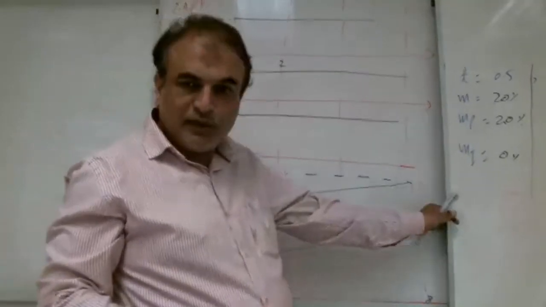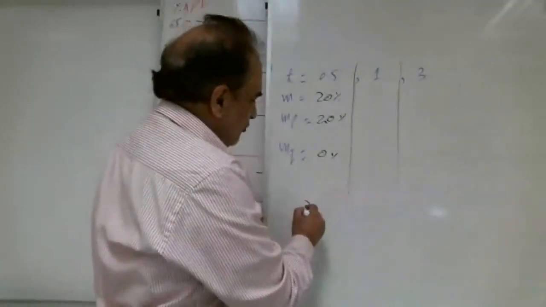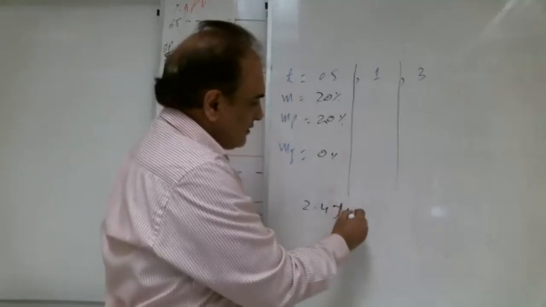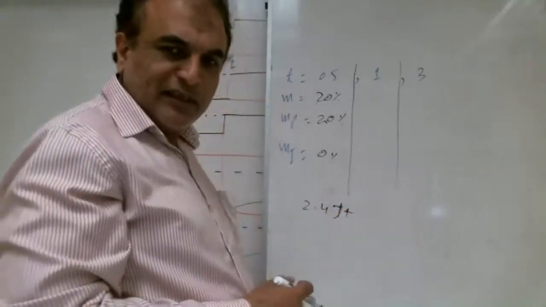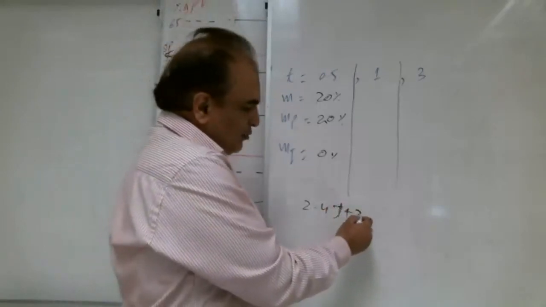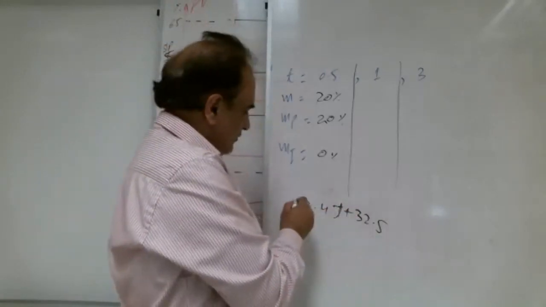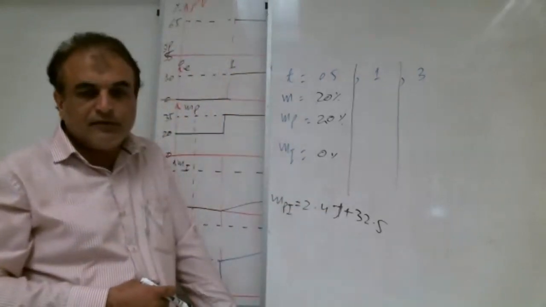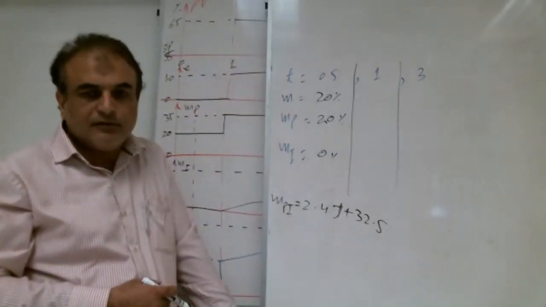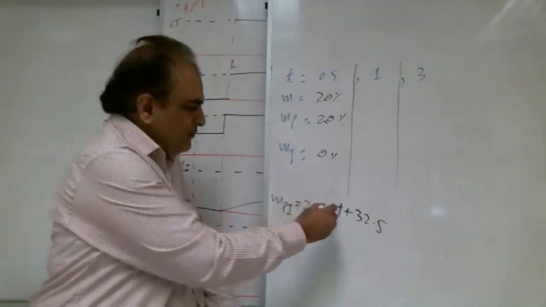Yes, 2.4T plus 32.5, like this. Is it correct, Shabab?